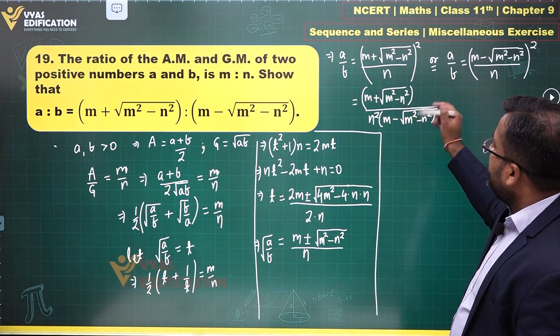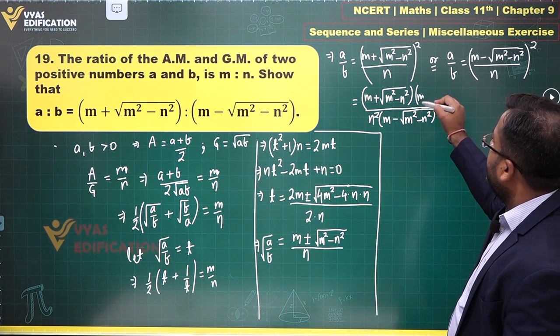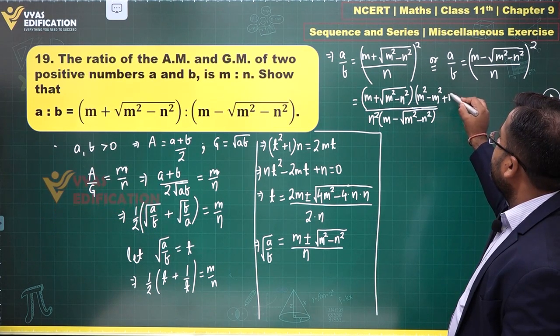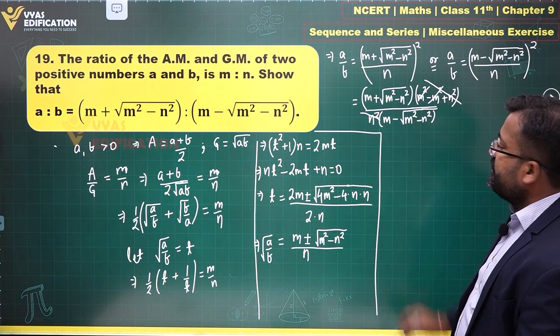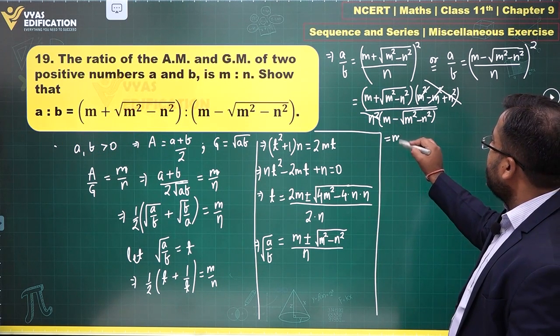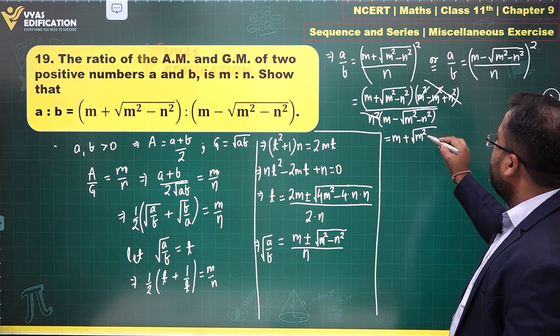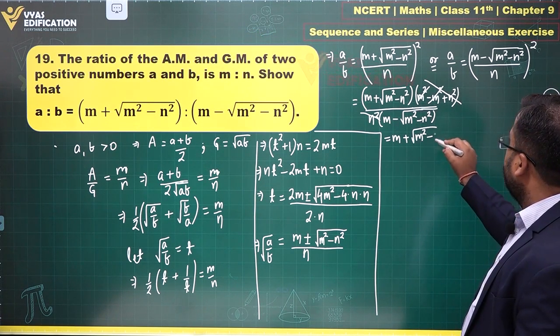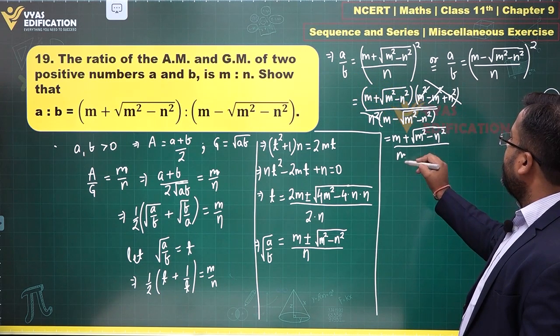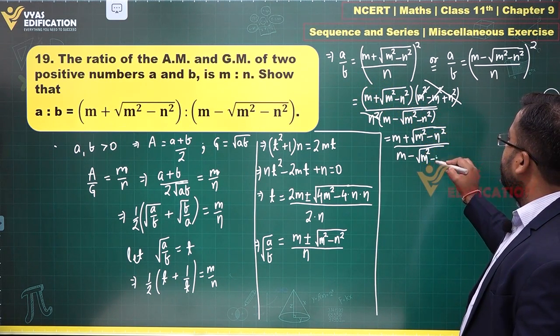And when I multiply this with this, what do I get? m square minus m square plus n square. This goes away. This is n square, which further gets cancelled with this n square. Yes, and what remains is m plus under root of m square minus n square upon m minus under root of m square minus n square.